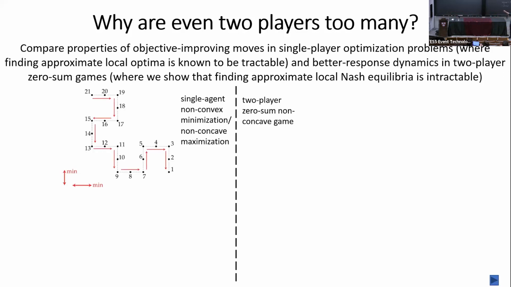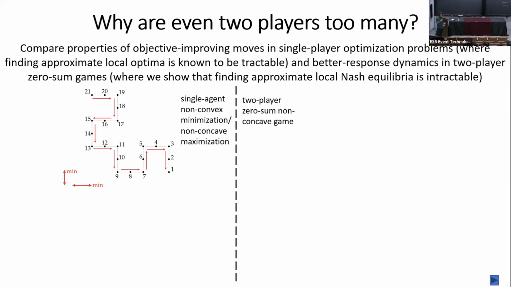So what I'm going to do, I'm going to plot here. Non-convex minimization and non-concave maximization are the same, so my example is going to be about non-convex minimization. In my example over here, I have a player who's controlling both the x and the y variable. And what I'm showing you is a possible better response, improving path for the minimizing agent. And I'm tracking the objective value along this improving path.